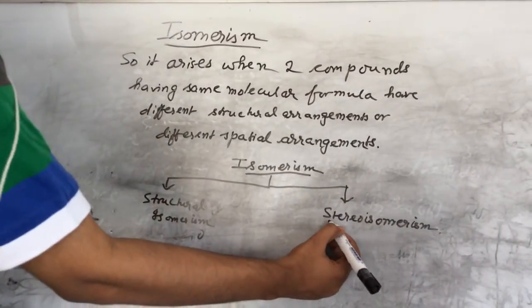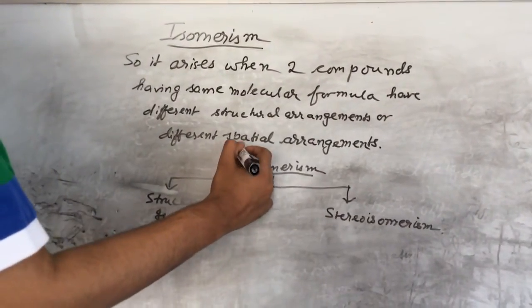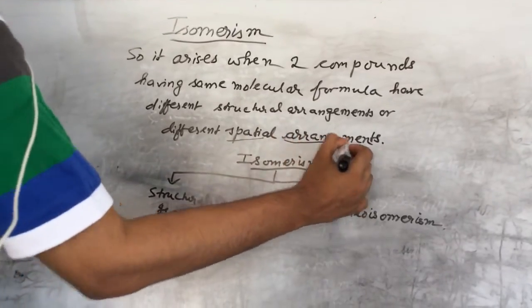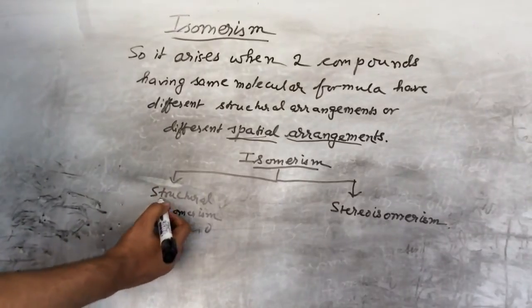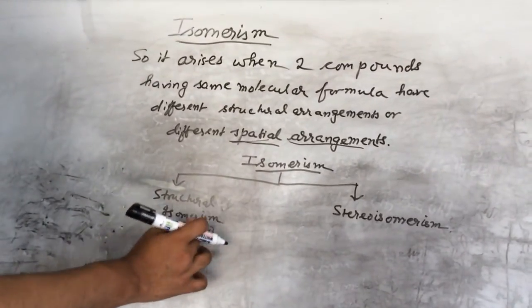So this stereoisomerism mainly depends on this spatial arrangement, different spatial arrangements of two molecules, and the structural isomerism depends on the structure of the molecule.